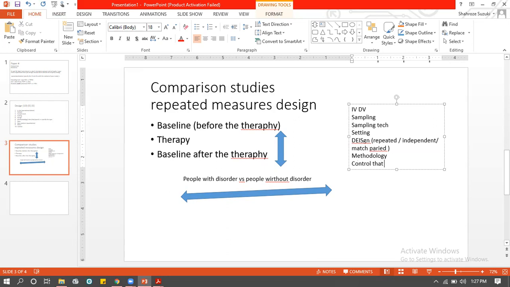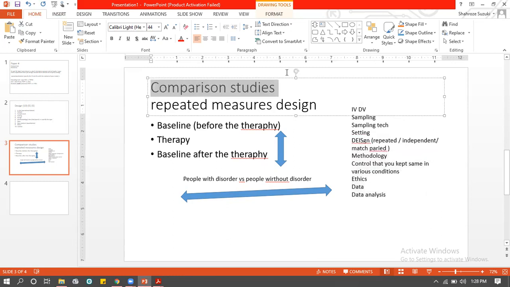Controls that you kept the same in various conditions: you're going to talk about that in your controls. Methodology, ethics, right? The data you're going to get and the data analysis. So these points are going to be applicable to your comparison study when you want to find out the difference, the effectiveness.